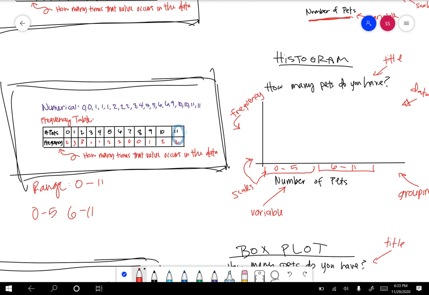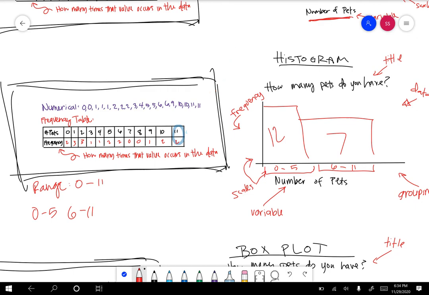Well, let's see how many people have 0 to 5 pets. So we have 2, 3, 4, 5, 6, 7, 8, 9, 10, 11, 12. So we have 12 people, right? And then on the other side, we've got 2, 3, 4, 5, 6, 7. Okay. But does that really give us an accurate picture of our data?